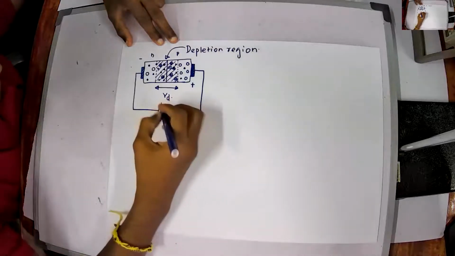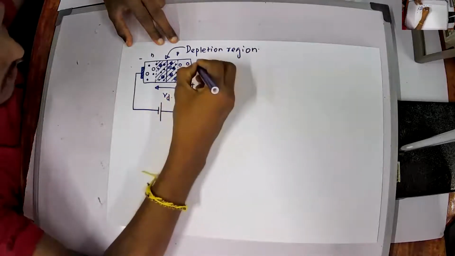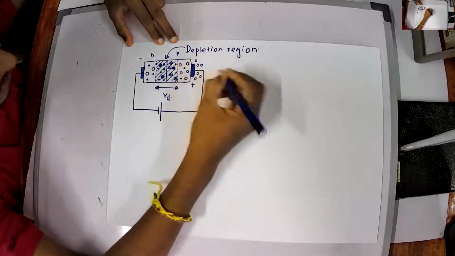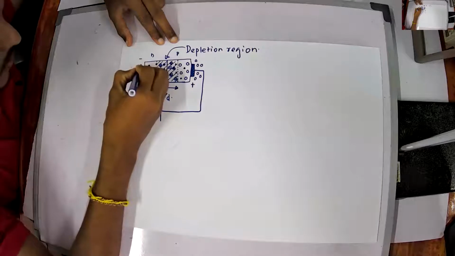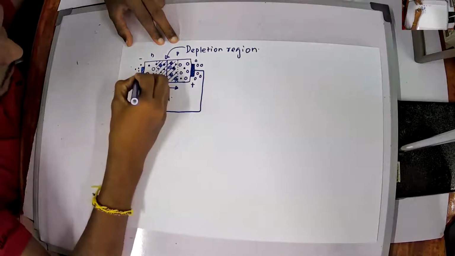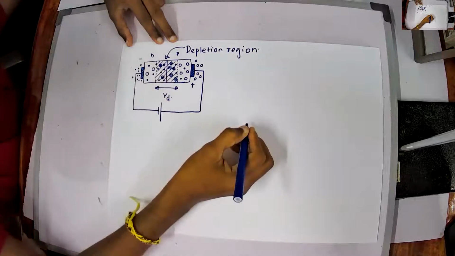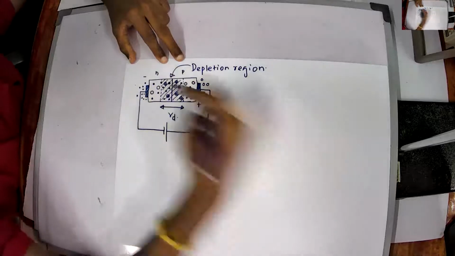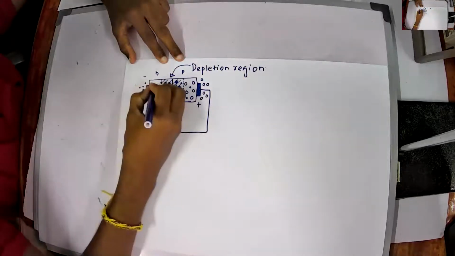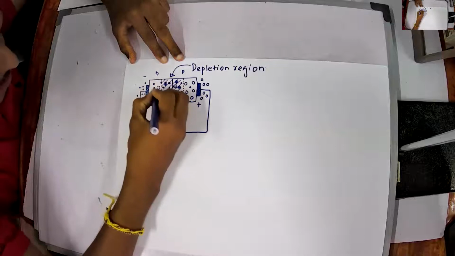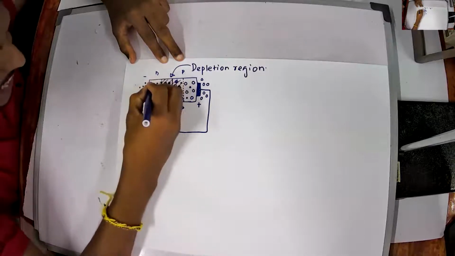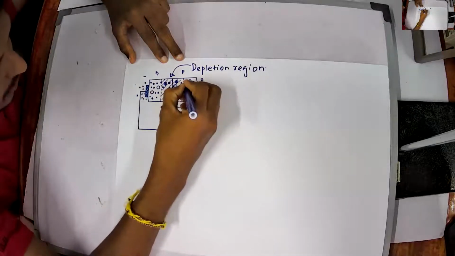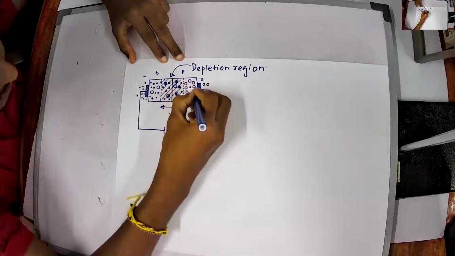Right now, which means I am virtually introducing a lot of holes in this side, and then a lot of electrons in this side. Clear. So which means I am injecting electrons in the n-type area and I am injecting holes to the p-type area. So automatically the number of electrons will increase in this side, and at the same time number of holes will increase in the p-type region.